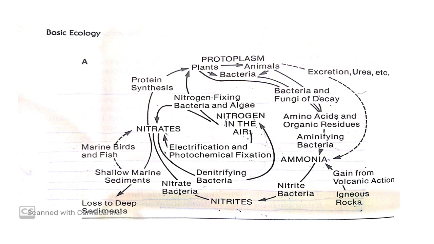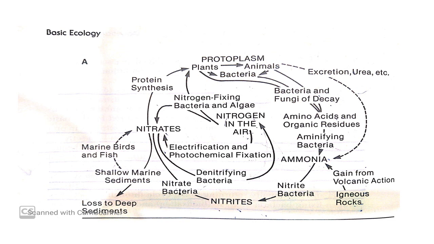This excretion and death and decay finally results in ammonia formation. The ammonia is further converted into nitrites by nitrite bacteria, and nitrites are further acted upon by nitrate bacteria, which convert them again into nitrates. Nitrates, being a part of protein synthesis, convert into protoplasm.